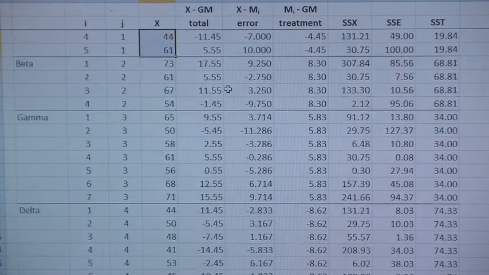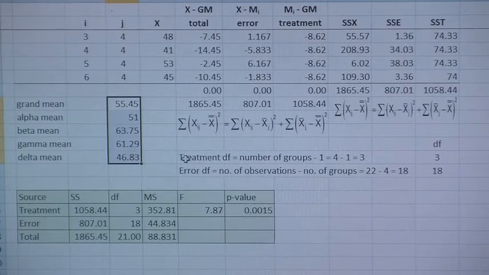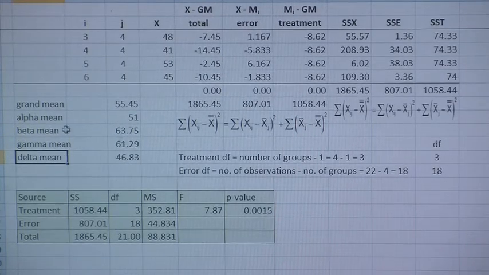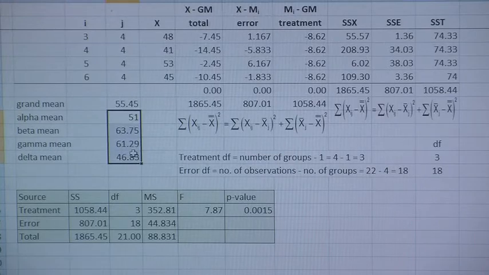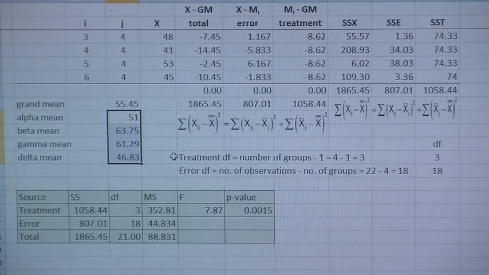Your between group variability is caused when your group means are not equal to your grand mean. If all of the groups, alpha, beta, gamma, delta, were exactly 55,450 miles, there would be no between group variance, okay?